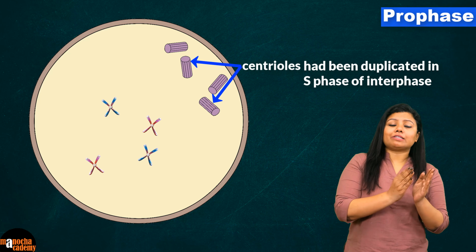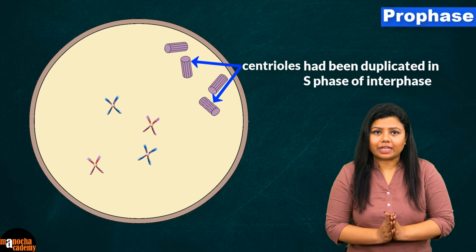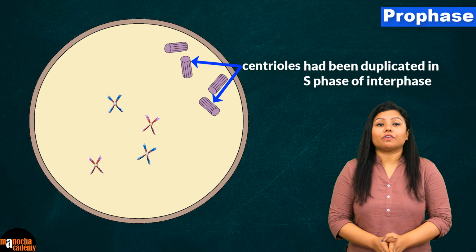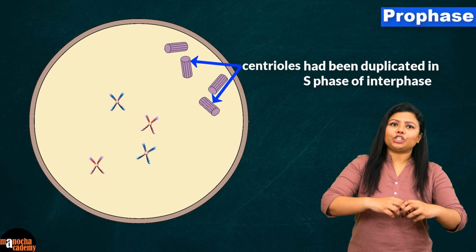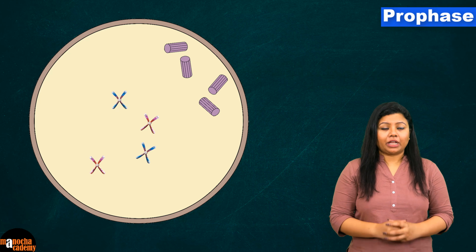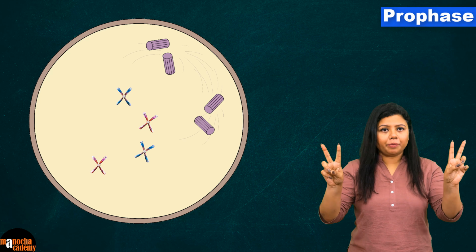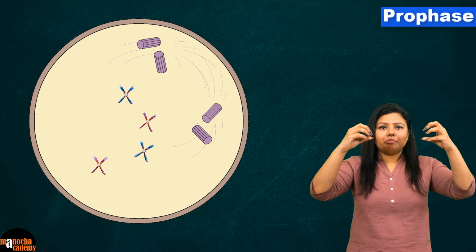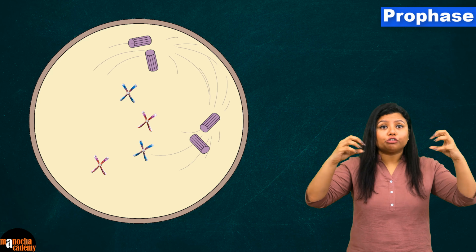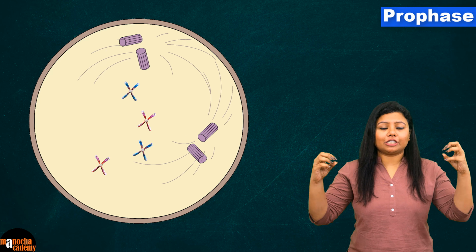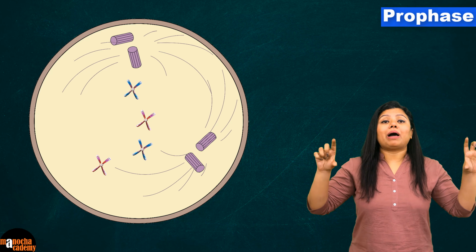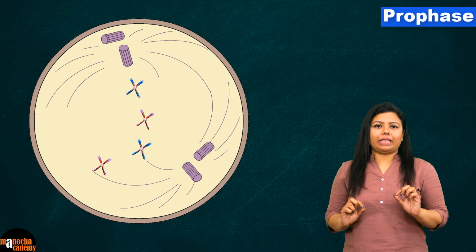Now during the S phase of interphase, as we have seen in case of cell cycle, the centrioles had already duplicated. So one pair of centrioles moves away from the other pair of centrioles, and they are pushed forward, or their movement takes place due to the growth of microtubular fibers in between them.